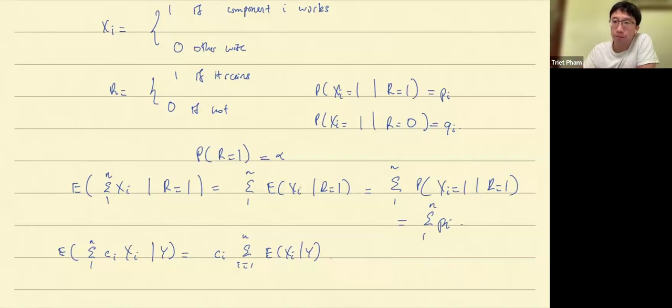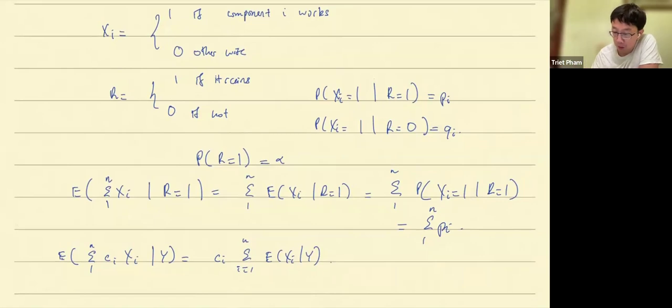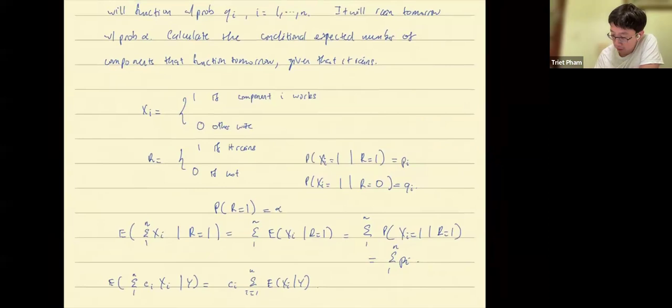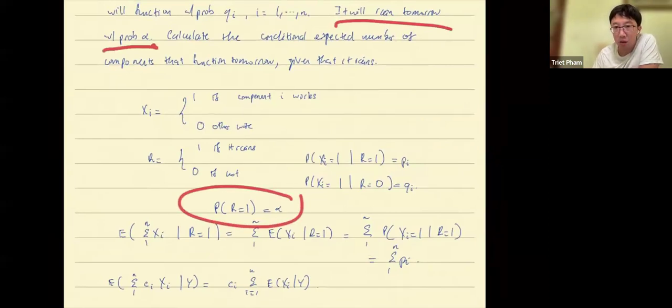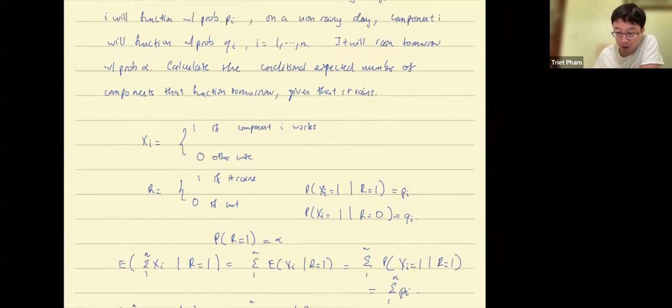Any question? So the thing to note here is that this information is redundant, at least for this question. Of course, it's not redundant in general if you have to work with this model.